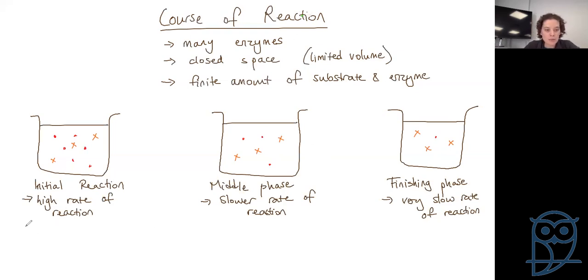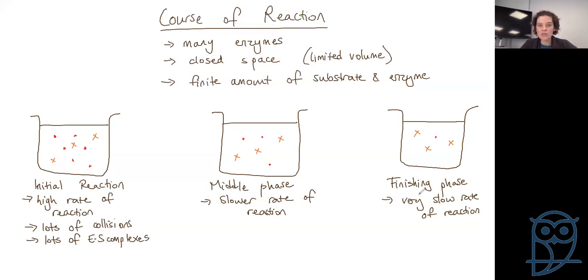So here we have lots of collisions. We have lots of enzyme substrate complexes. Now in your answers, you always write that out in full, and you don't use ES complexes. So this is one test tube. This is what happens in one test tube over time.